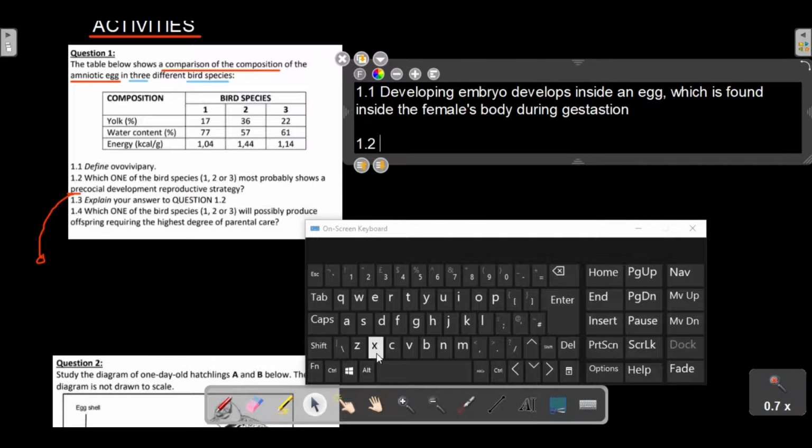So we're going with bird species 2, because it has a higher composition of these, it has to have been fully grown by the time of birth, because it had all the necessary nutrients and all the water content it needs. These nutrients are responsible for it growing and fully developing. Okay, so we are going with bird species 2.